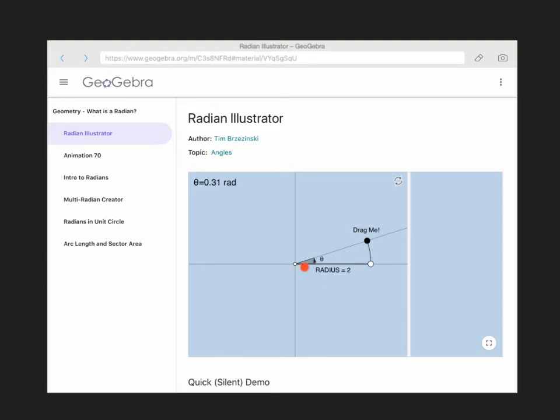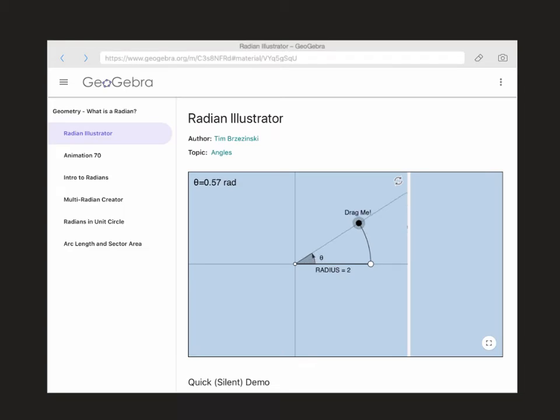so this is going to be a circle with radius of 2, and you can see the angle being measured in there, and I'm just going to drag this point. And you can see that the arc length is getting larger and larger, and in the top corner you can see that I'm just about at 1 radian there, if I can get it to sit there.